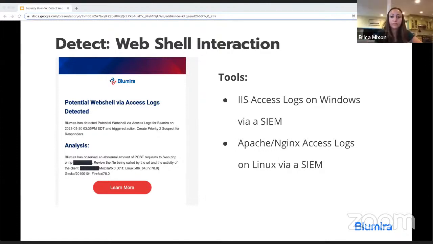Mm-hmm. Because that will stand out like a sore thumb. And beyond the abnormalities in the POST traffic from a single IP, you as the administrator should be able to think, did I put a file called x.php on my system? And the answer is probably going to be no, because usually the stuff that's on there follows a much more normal naming scheme, all right?